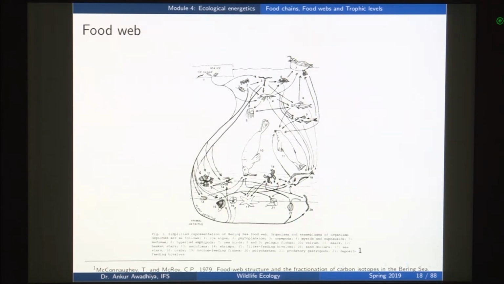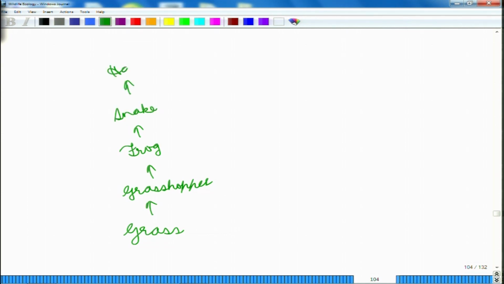So, for instance, when we were talking about our simplest food chain, in which we had grass, and then this grass was eaten up by the grasshopper, then this was eaten up by a frog, then a snake, and then a hawk. But then grass is also eaten up by, say, a locust, and grass is also eaten up by some other caterpillars.